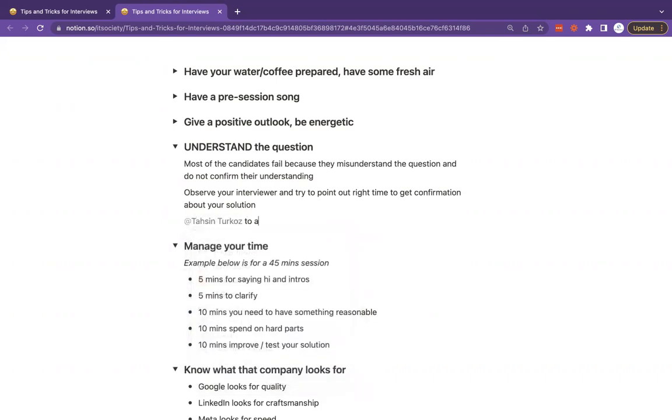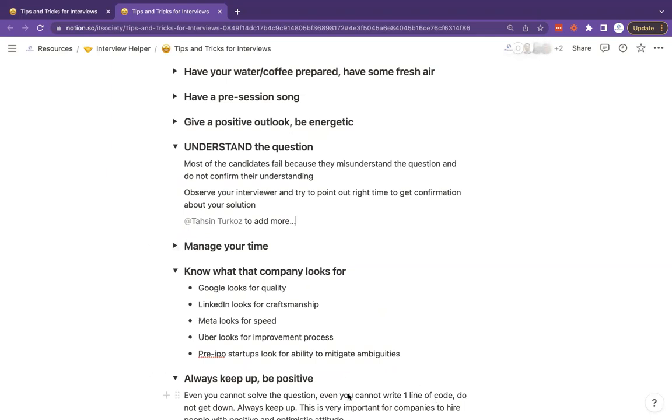But if you are trying to sell something you don't have, that does not give a good experience or good feedback to the interviewer. Maybe I can add a couple of bullets here, and I can expand this section.